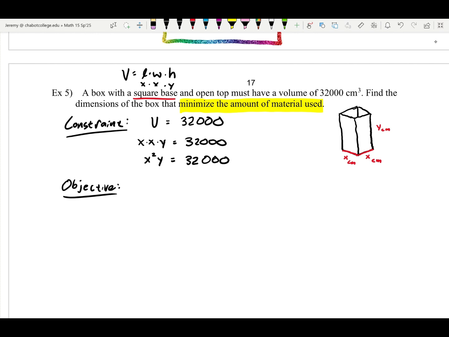Well, cardboard comes as a flat piece, then we would cut it up in such a way that we'd be able to construct this box. So really we're talking about area here. We want to know the area of cardboard or plywood, same thing. So specifically, since we're constructing this box, we can call it surface area. So the amount of materials used is going to be measured in terms of surface area.